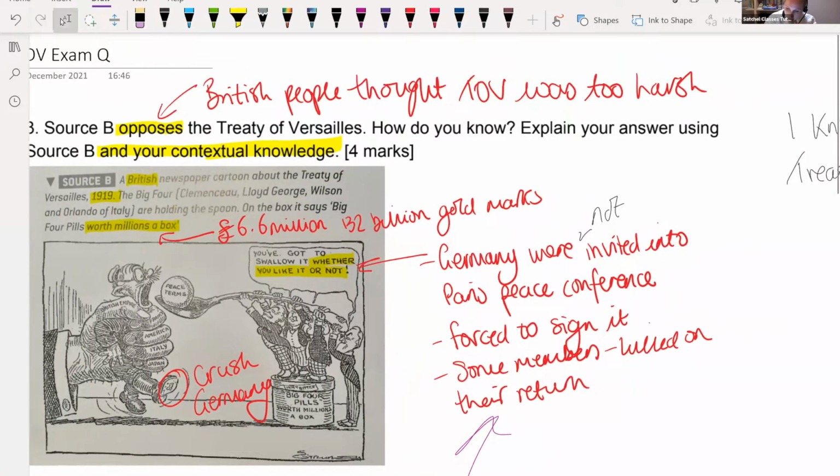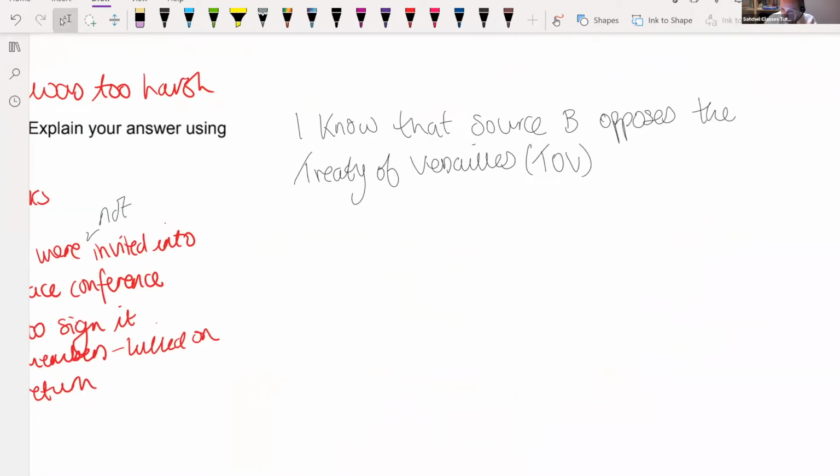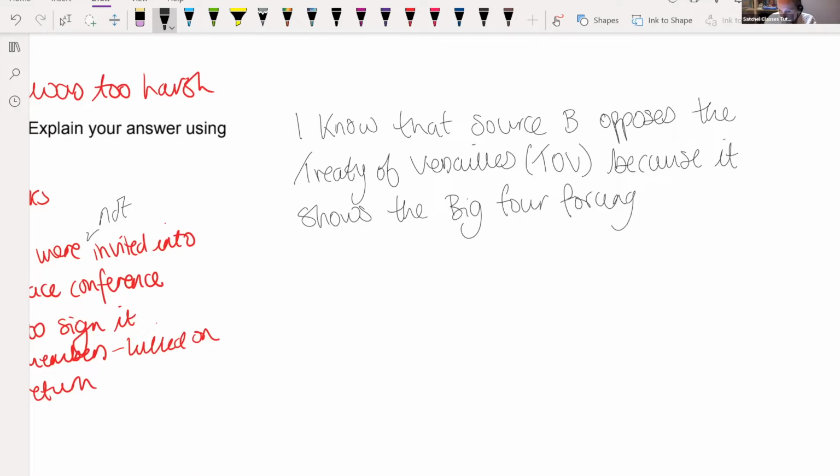So, because it shows the Big Four forcing Germany to accept the peace terms.